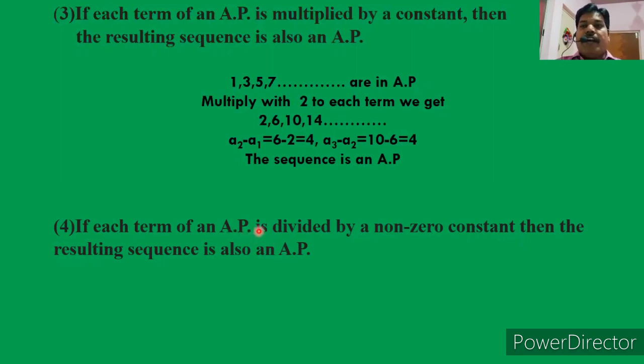Yes or no? Check this condition similarly, as we have already done for the three properties. Take any constant, divide the sequence, and check whether the resulting sequence is an AP or not. Okay, so check that one.